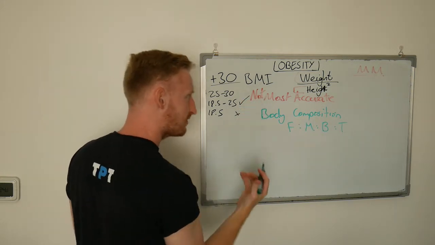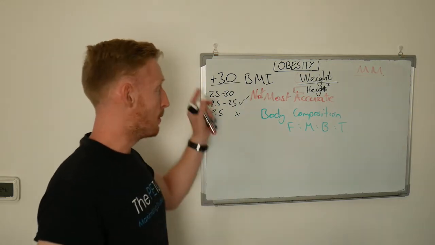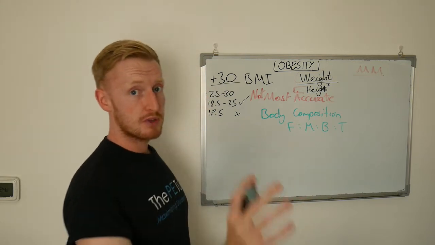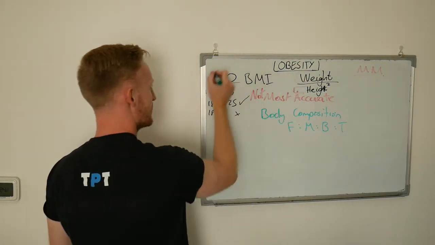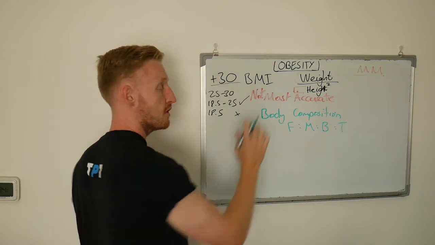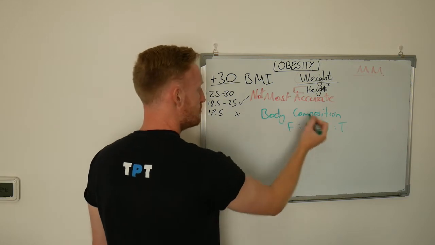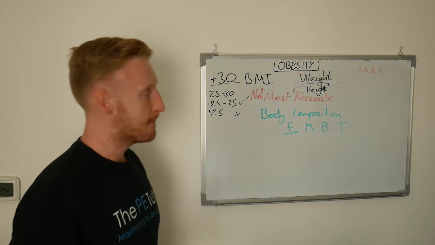So someone who is muscular might come out as being overweight or even obese, despite them being in good physical condition for their specific sport. But for today and for obesity, we can term it as being above 30 on the BMI score test, or by having too much or excessive fat mass in their body.